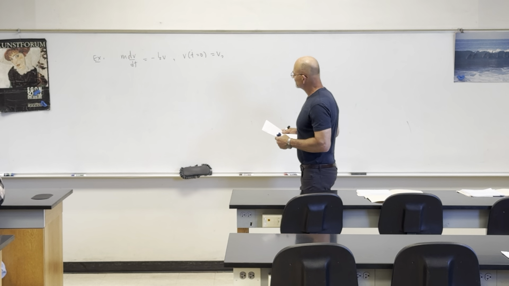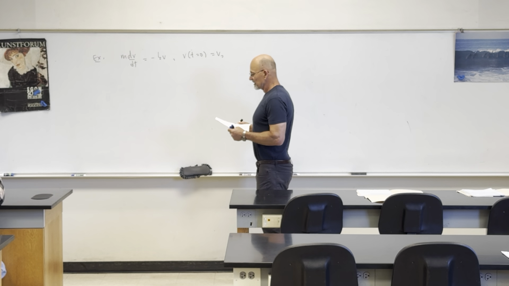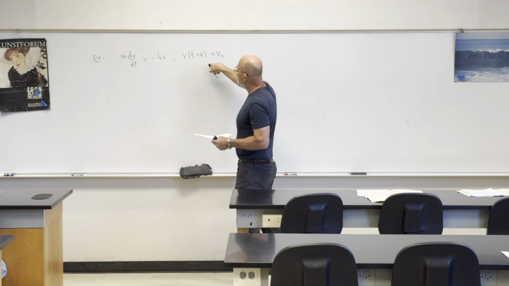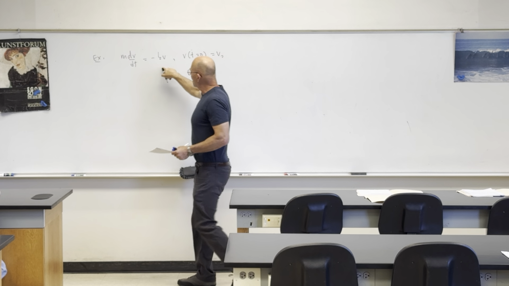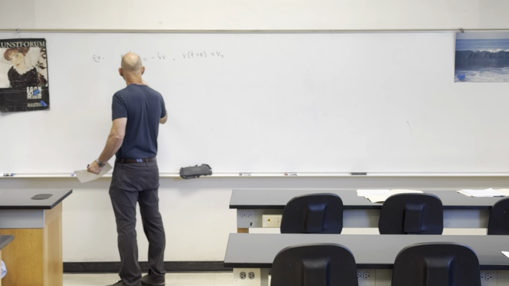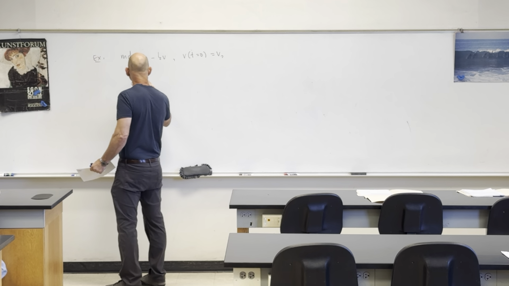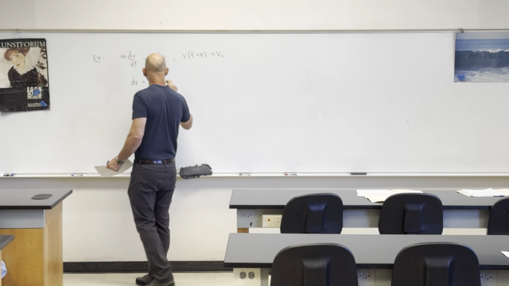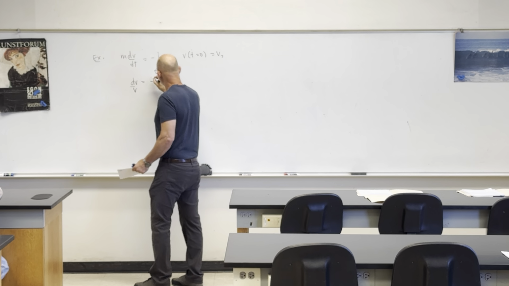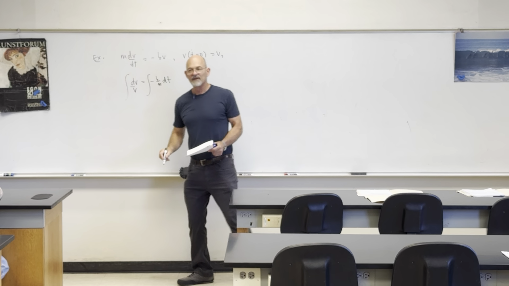And I also asked for the total distance traveled. So we've got this one, and remember you have dv dt equals minus k over m v. So dv over v equals minus k over m dt. You integrate both sides and continue on.